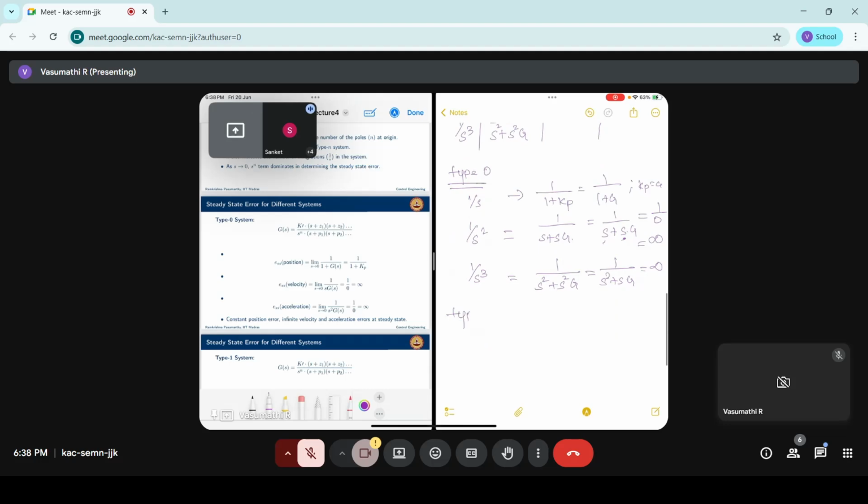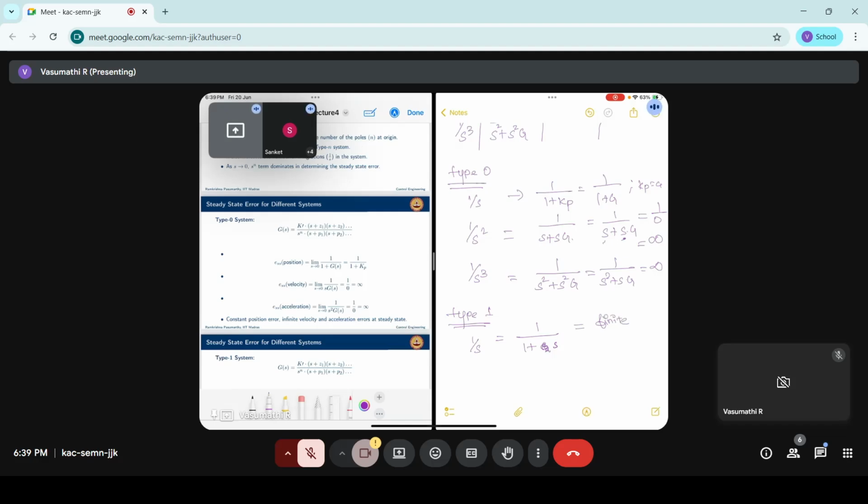Yes, ma'am. When we change the type of the system to type 1, now I'm going to go through all the inputs. Now I have 1 by 1 plus G, where G has some S. This G term has some S because this is a type 1 system. Now when I put S equal to 0, will it affect the system?